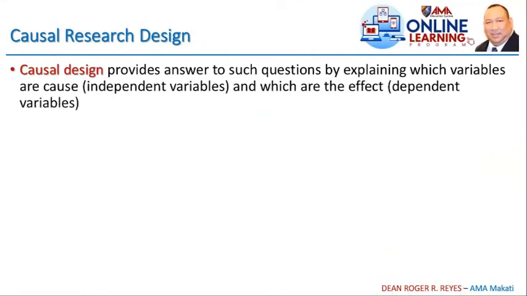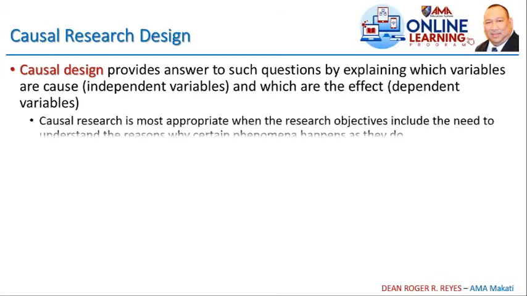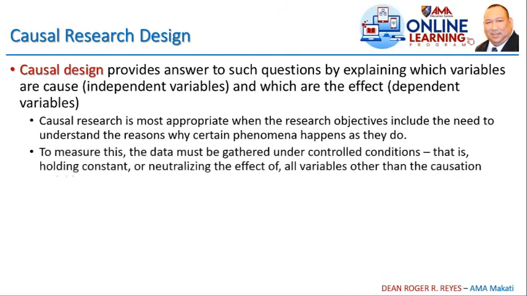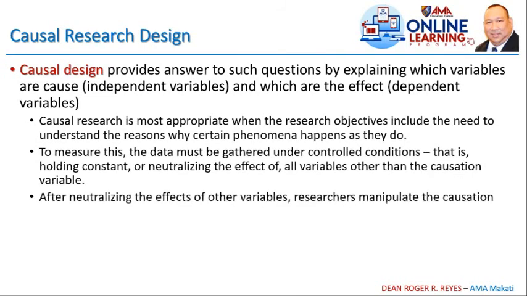What about causal design? Provides answers to such questions by explaining which variables are cause, or the independent variables, and which are the effect, or the dependent variables. Causal research is most appropriate when the research objectives include the need to understand the reasons why certain phenomena happens as they do.